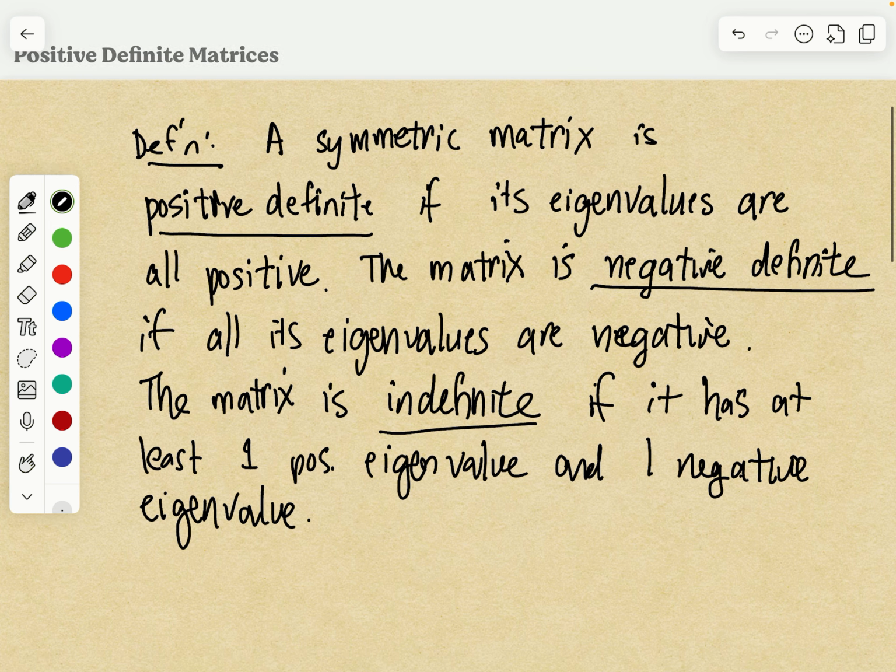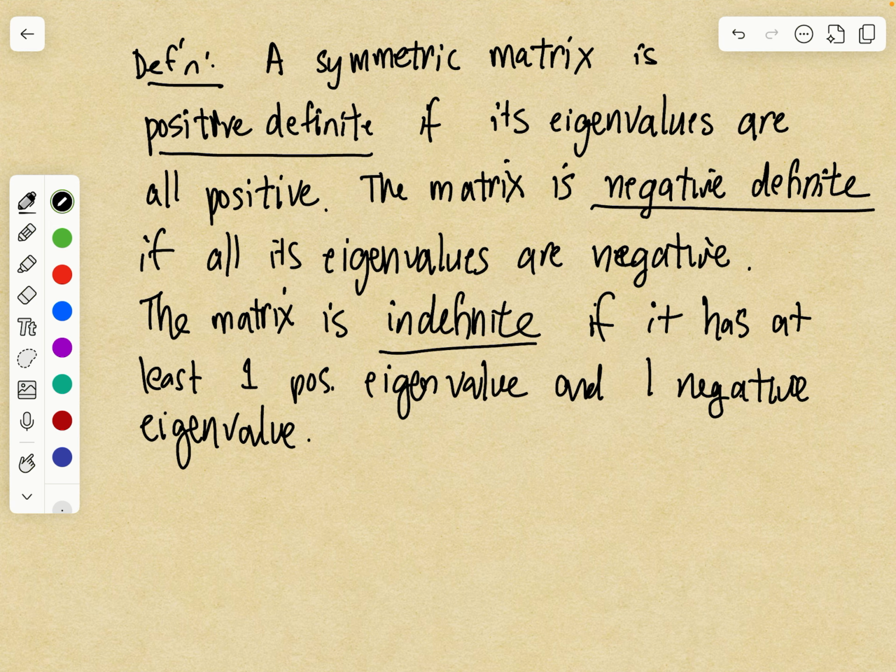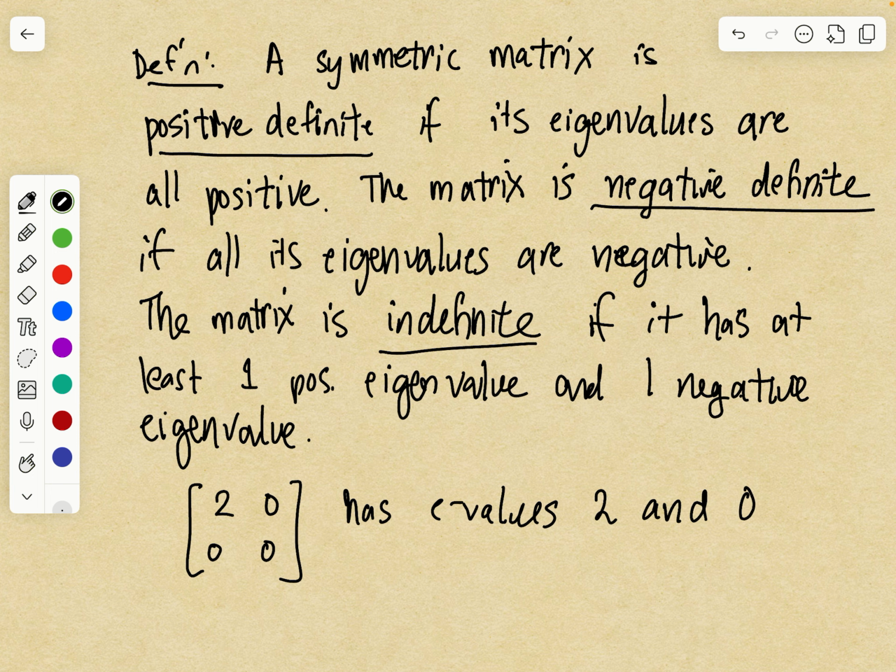Now it's possible that you have a symmetric matrix that's neither positive definite, negative definite, nor indefinite. So for instance, if you have this matrix like this, this matrix has eigenvalues 2 and 0. This is a diagonal matrix.